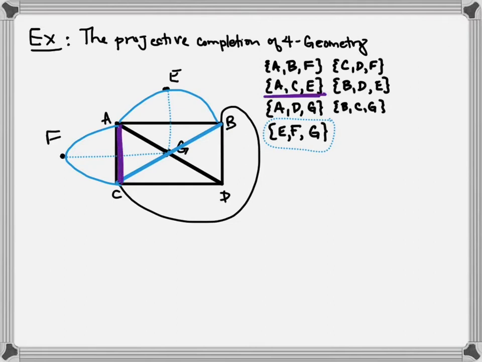What line of my original affine plane in 4-point geometry was parallel to AC? It was BD. These two lines are parallel. They did not have anything in common to begin with. So what we've done is we've created point E up here, and we've said that E is going to be both on line AC and on line BD.